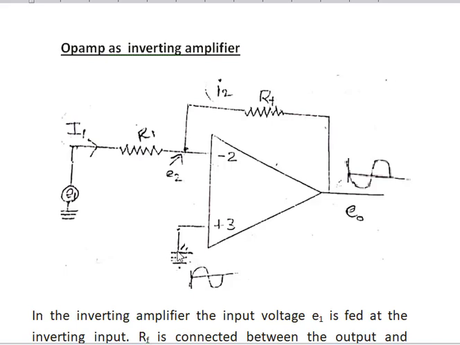The input voltage, the EMF E1, is given to the inverting input through the resistor R1. The current passing through this resistor is I1, and the current passing through this feedback resistor is I2. Here the input voltage E1, the node voltage E2 and the output voltage EO.